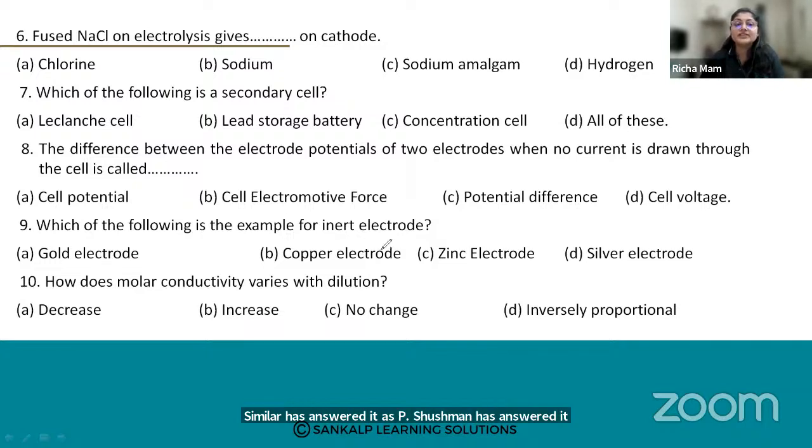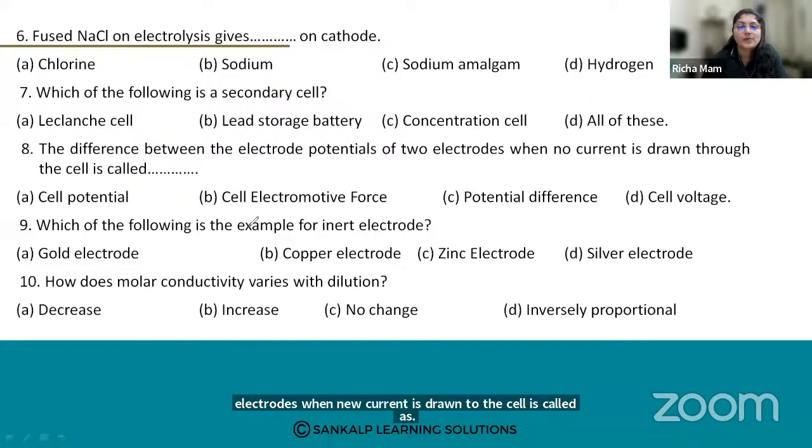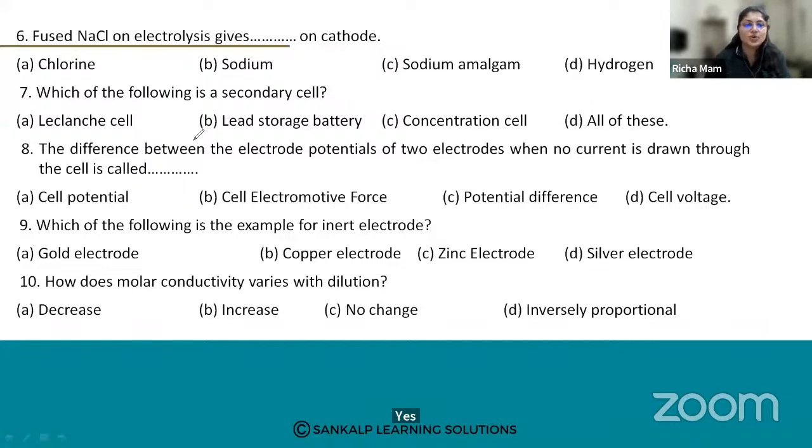So the difference between the electrode potential of two electrodes when no current is drawn from the cell is called cell EMF, that is, cell electromotive force. What is cell electromotive force?